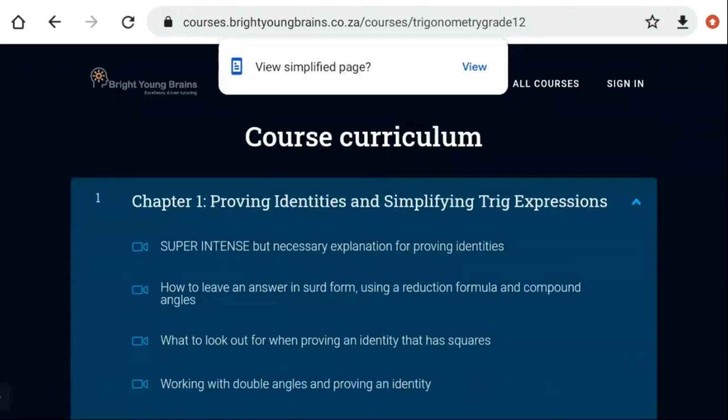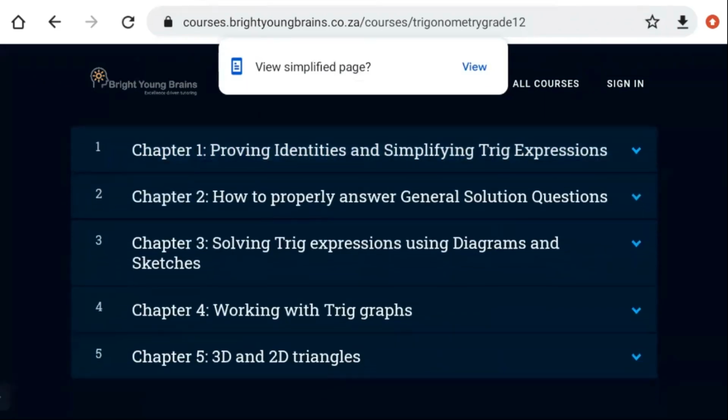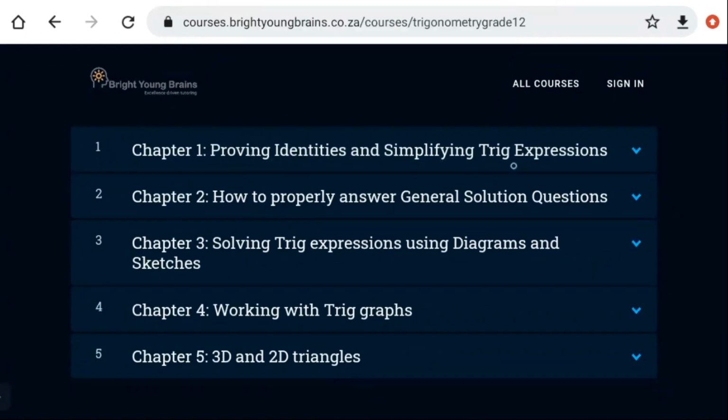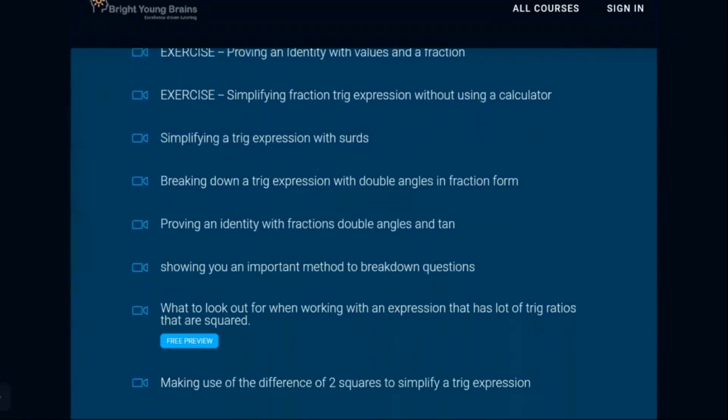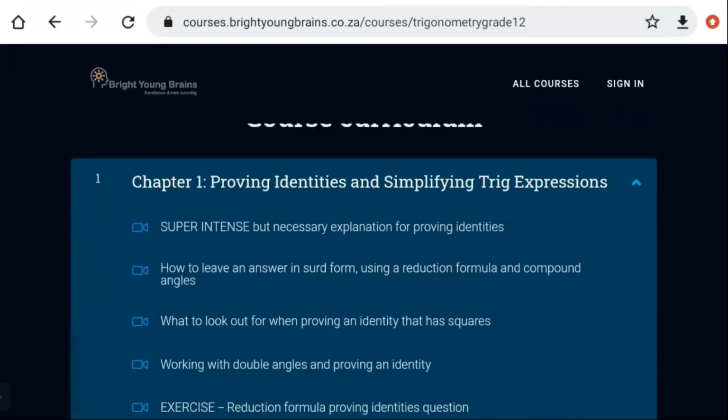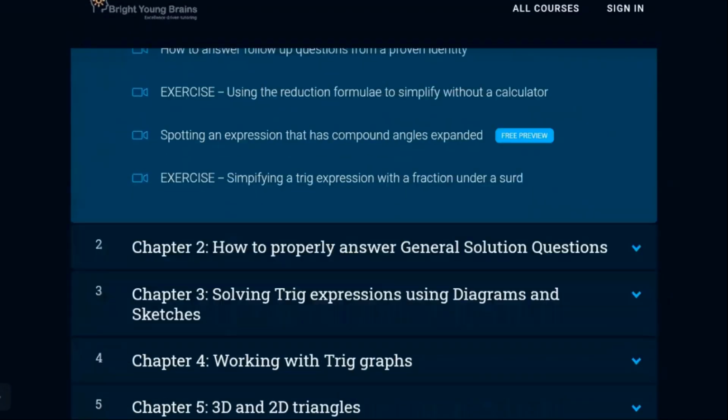It has 5 chapters. Chapter 1 deals with identities and simplifying trig expressions, which is what we just did. And now we're dealing with general solutions. With trig expressions, you can already see these are the questions you get, all explained in detail.